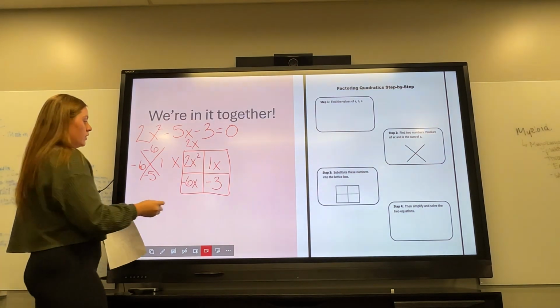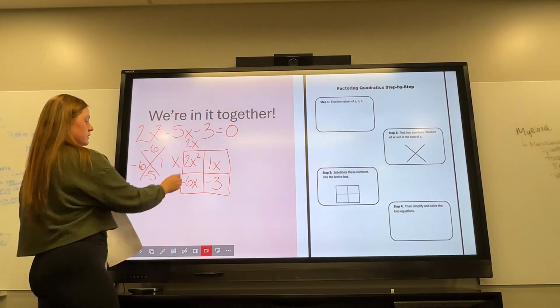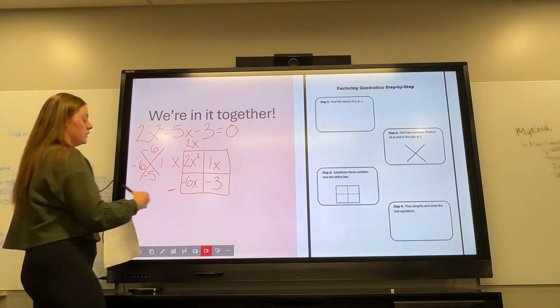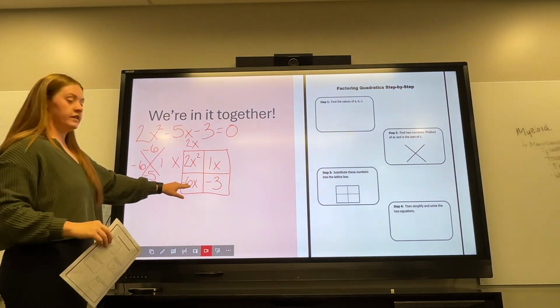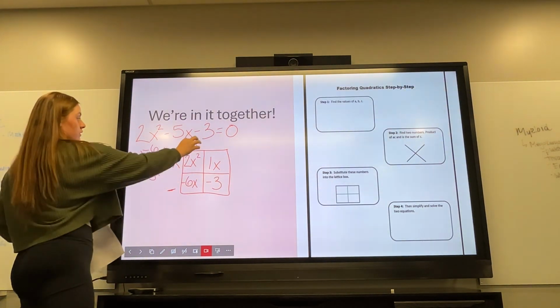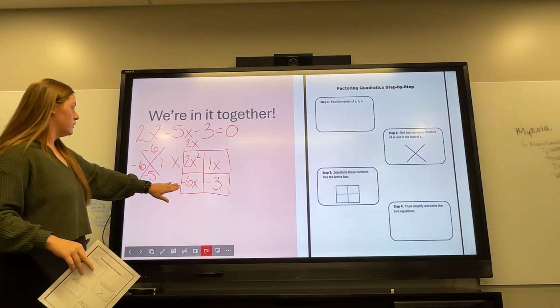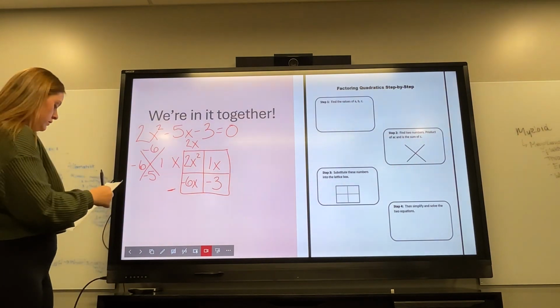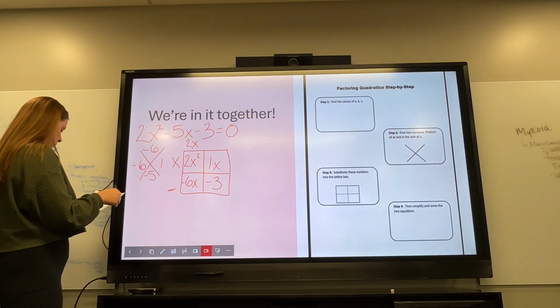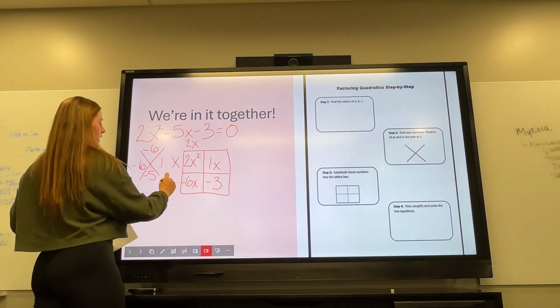Okay, so 2x times what equals -6x? You already have an x, so 2 times what equals -6? You should get -3.